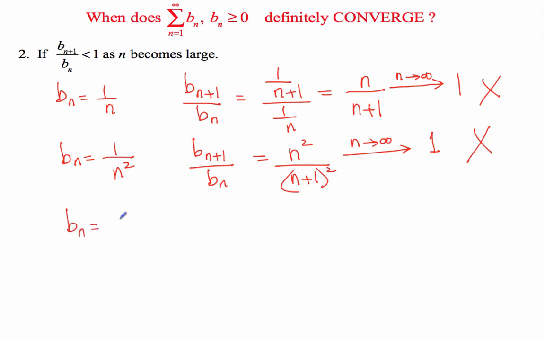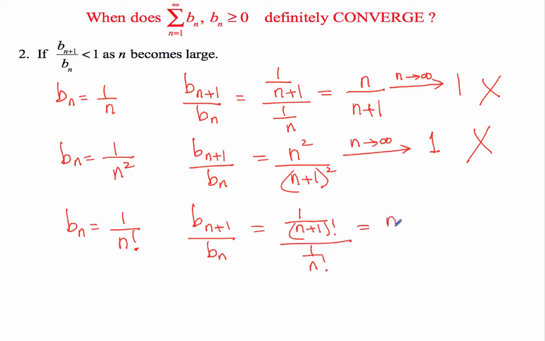But then let's take an example where the ratio test will tell us something. Take Bn equal to 1 over n factorial. In that case, Bn plus 1 divided by Bn is 1 over n plus 1 factorial divided by 1 over n factorial.